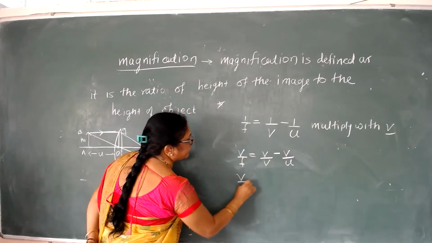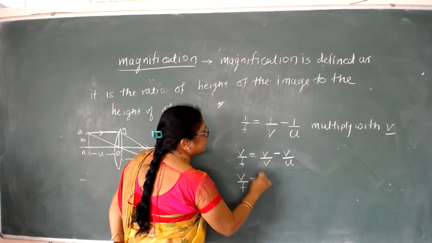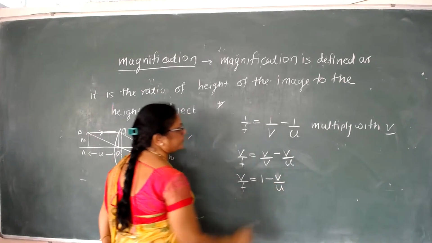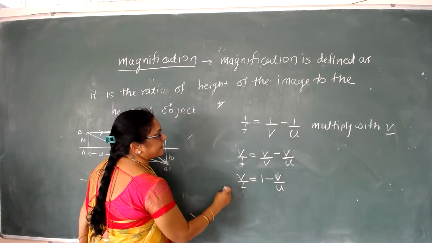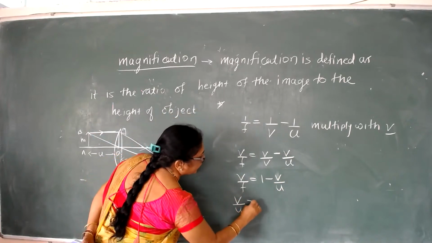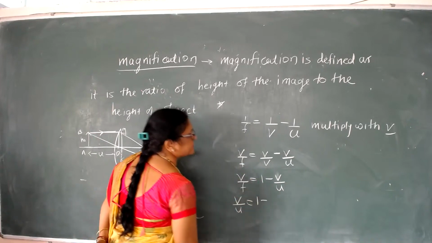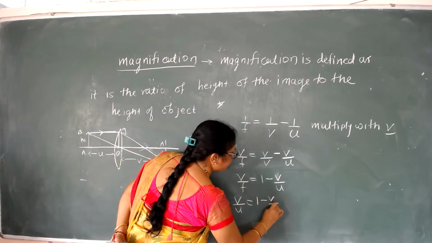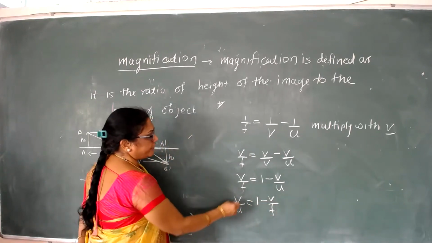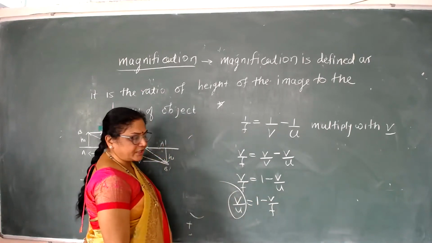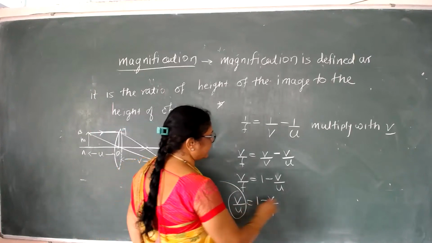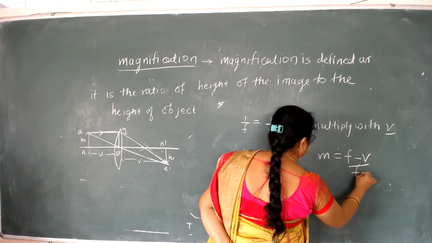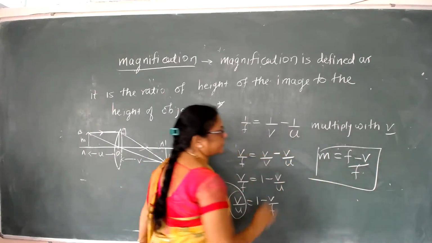So v by f is equal to 1 minus v by u. So if we take this side, v by u is equal to 1 minus v by f. So we know that v by u is equal to magnification. So m is equal to f minus v divided by f.